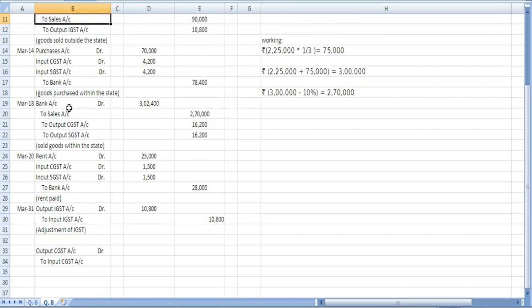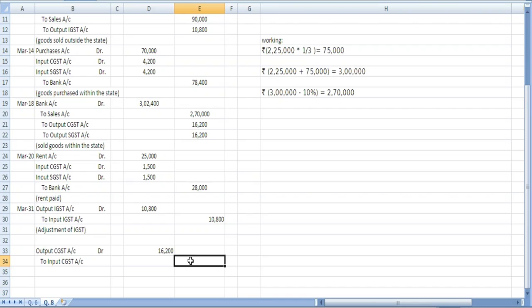Now let us check how much is our input CGST. So input CGST is 4,200 plus 1,500, which is coming as 5,700. So we have 16,200 as output CGST, but the remaining IGST is 19,200. That was 30,000 minus 10,800. But first we'll adjust with input CGST and input SGST.